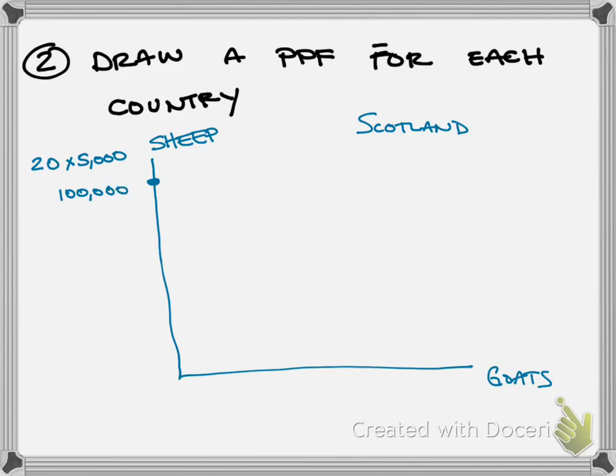Well, if they were to put all their resources in producing goats, they can produce 15 goats per acre, and they have 5,000 acres. So they could produce, at most, 75,000 goats.